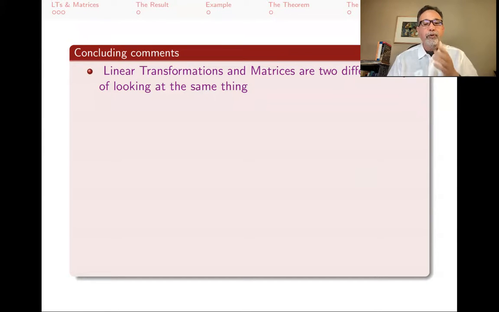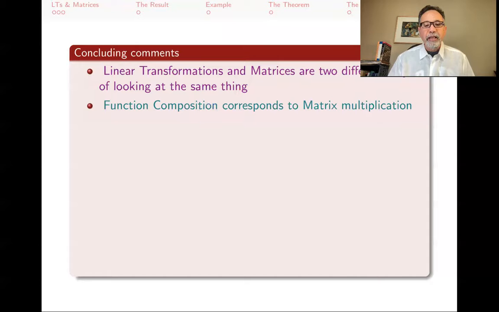It's always helpful, whenever you're thinking of something, to have multiple ways of looking at it and not be fixed on your one way of thinking about things. Now, what we showed in this lecture is that function composition corresponds to matrix multiplication. That composing linear transformations is the same as multiplying matrices.